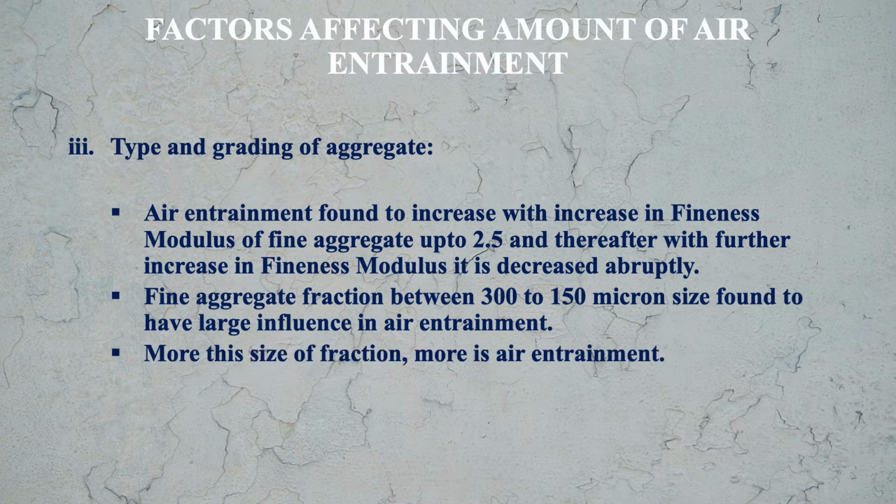The more of this size fraction, the more will be the air entrainment. So if we have more fine aggregate within this size range of 300 micron to 150 micron, then we can entrain more air in the concrete.